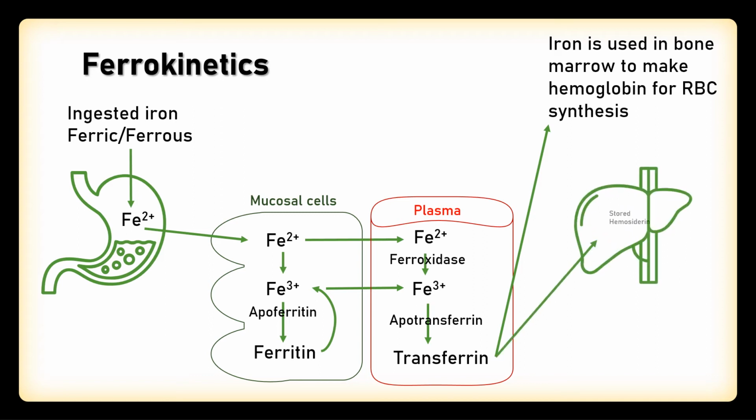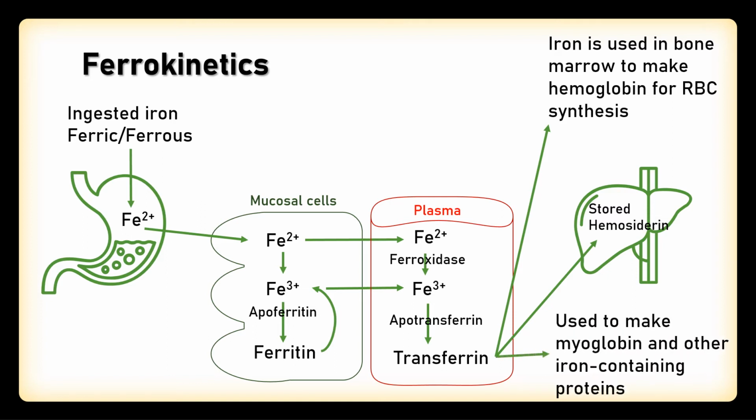It is carried out to the storage depots like liver, spleen, bone marrow and stored as ferritin and hemosiderin. This iron is also used to make myoglobin and other iron containing proteins.